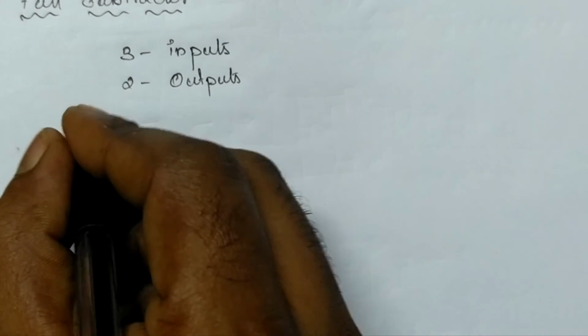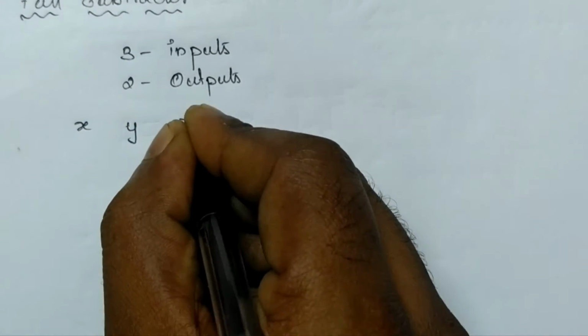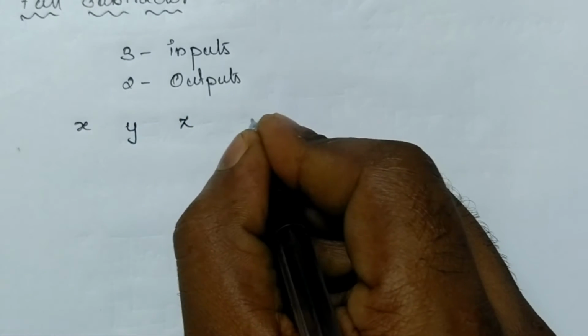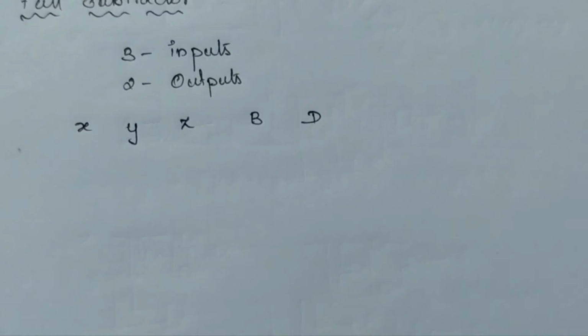Consider the inputs as x, y and z, and outputs as borrow and difference.